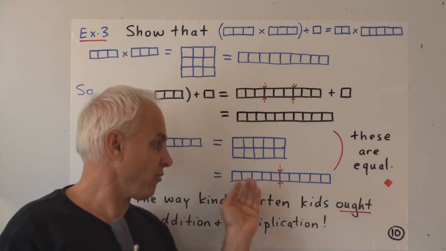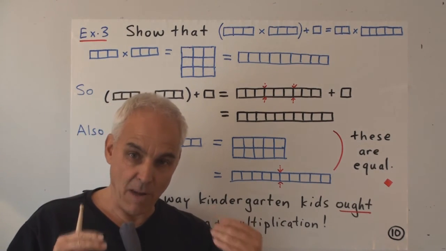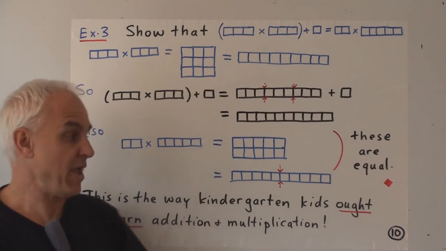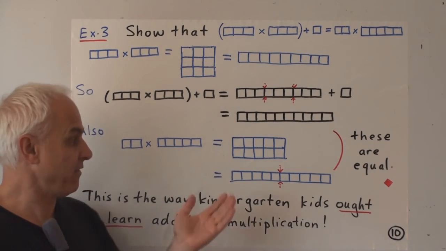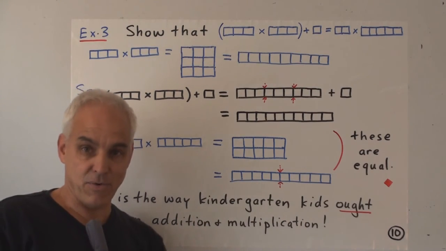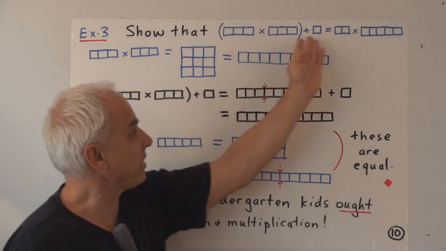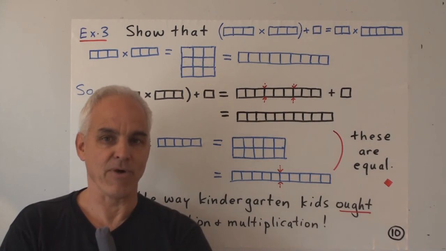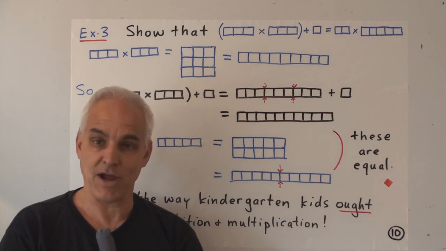So the numbers are row rectangles. And then the operations of addition and multiplication are easy for them to check. They can easily make, or with a little bit of work, and it's kind of fun work, to check arithmetical statements like this.